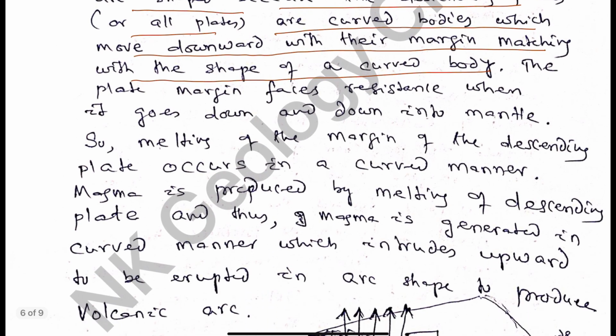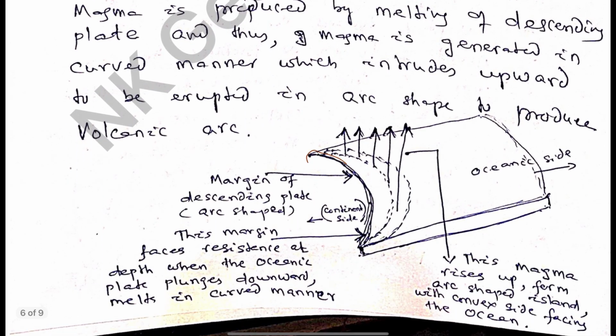If you take into account, this is a plate, this is the plate margin. Plate margin is like this. It is going down. It is facing resistance, and as a result this margin is subject to melting. So it melts like this wedge.